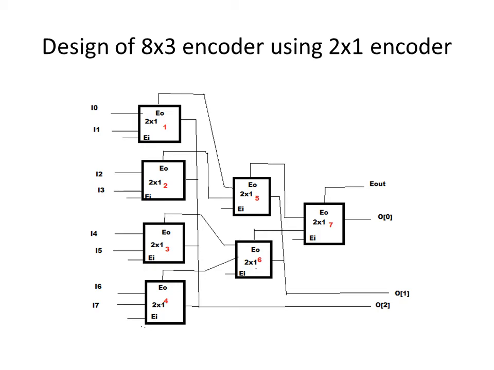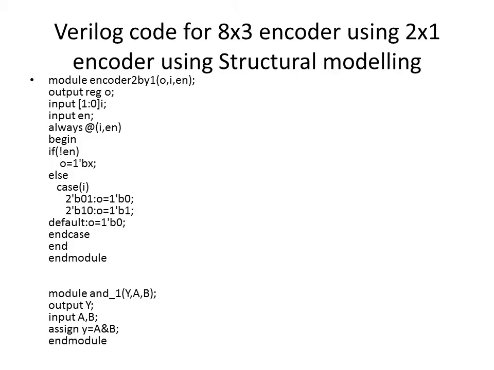The output of the seventh encoder is one of the output lines. The output of fifth encoder and sixth encoder are tied and act as the second output line. The outputs of first, second, third and fourth encoders are tied and act as the third output line.